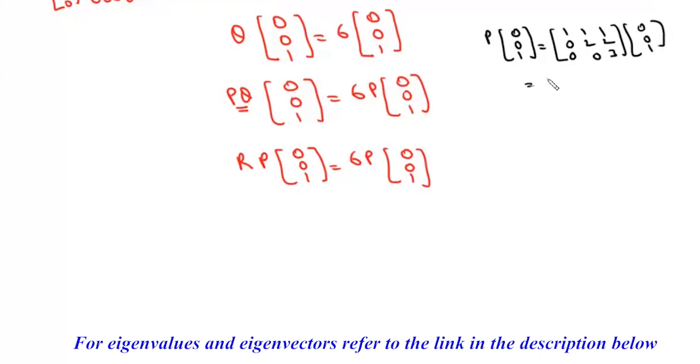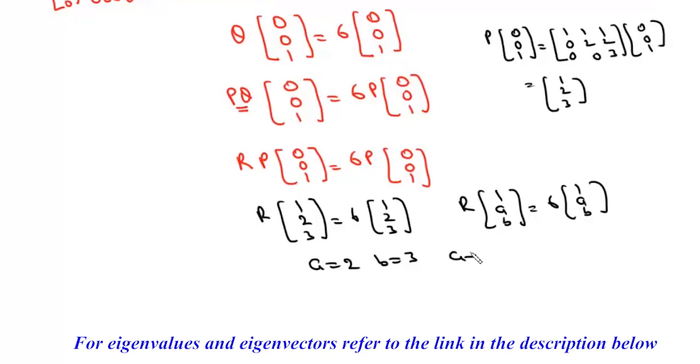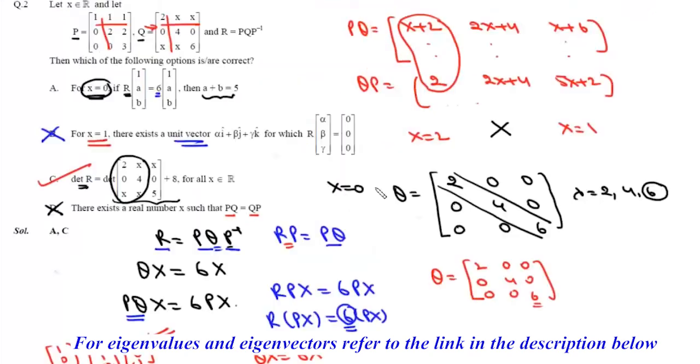Now we multiply them, we'll get this as (1, 2, 3). So R into (1, 2, 3) will be equal to 6 into (1, 2, 3). Now in the question it says R into (1, a, b) is equal to 6 into (1, a, b). Now we compare, we'll get a as 2 and b as 3. So the value of a plus b is 5. That means this option A is also correct. So the correct options are A and C.